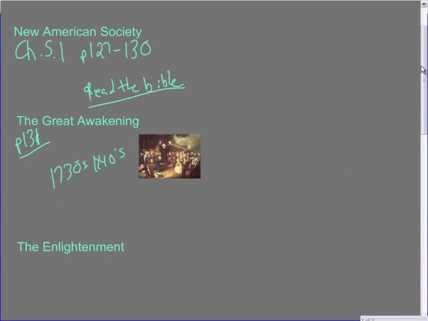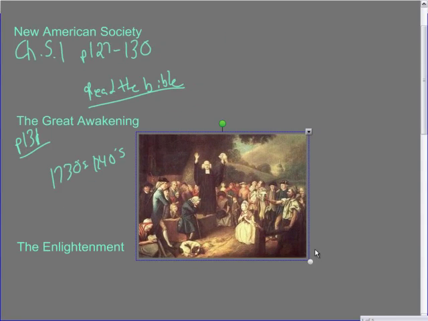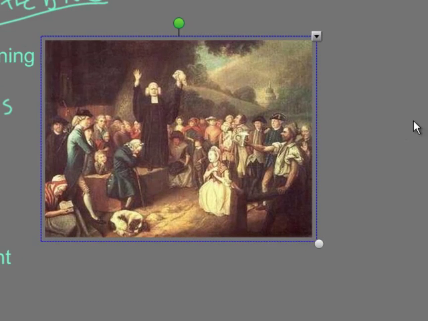If we look at this picture, traveling ministers went around and spoke to huge crowds about how you could leave the past behind and start a new relationship with God. It doesn't matter what you did in the past, you can be washed of that and start over.